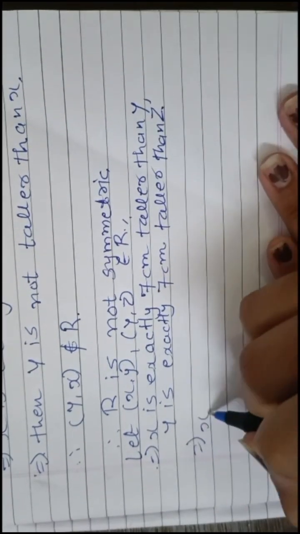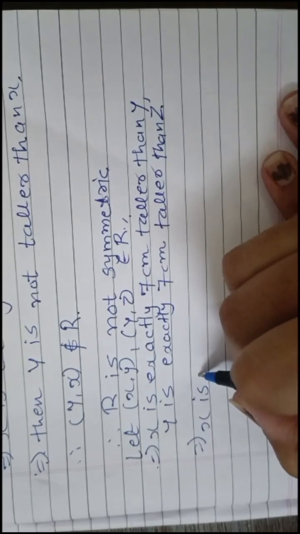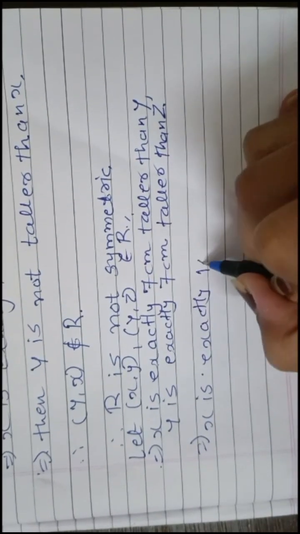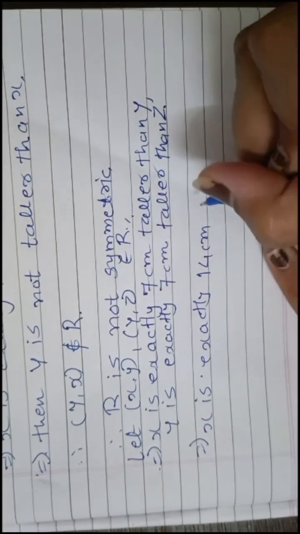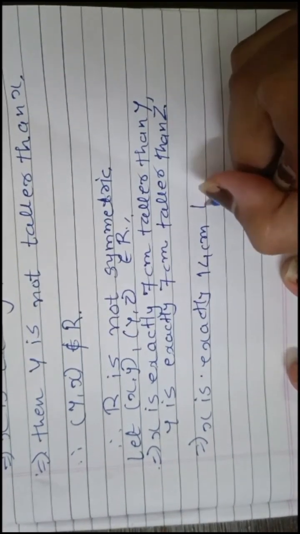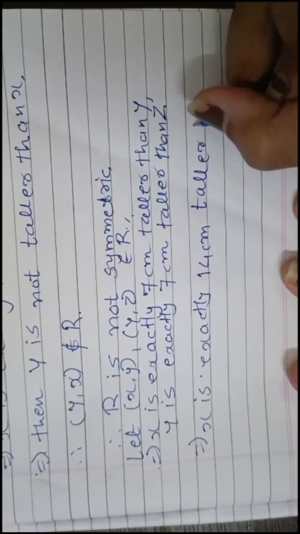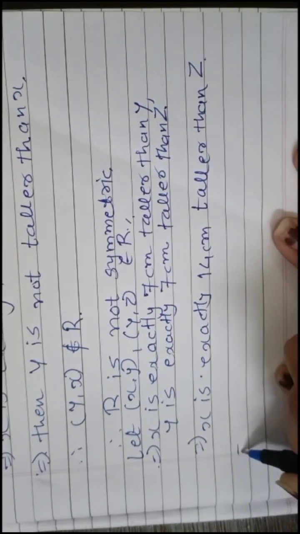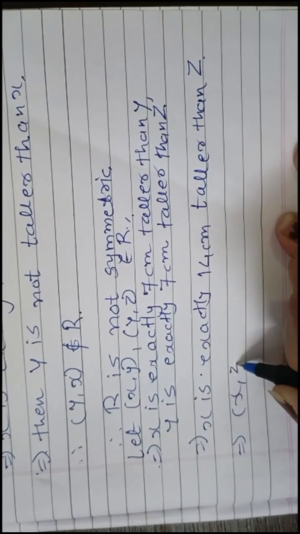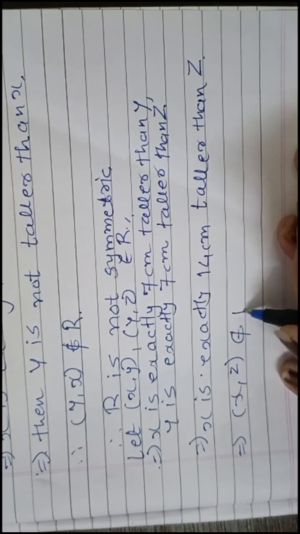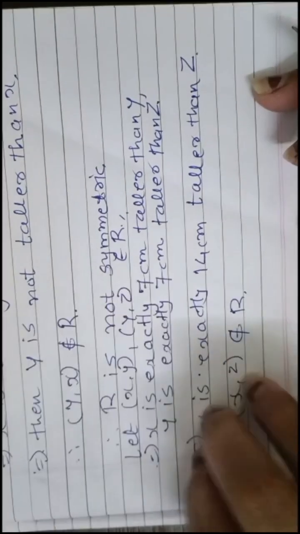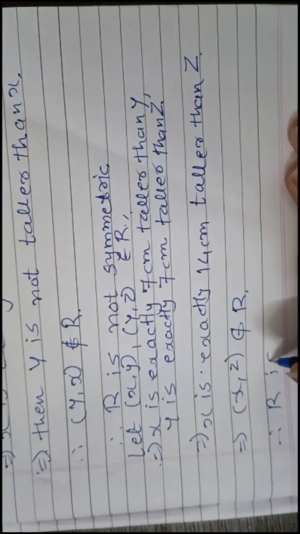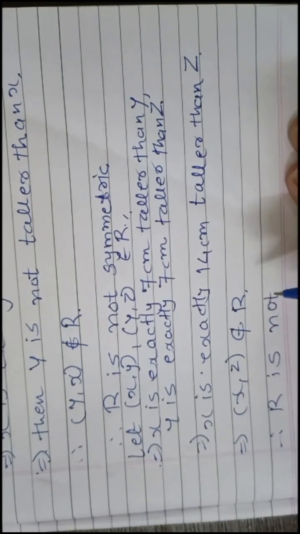It implies that x is exactly 14 centimeter taller than z, which means (x, z) does not belong to R. Therefore, R is not transitive.